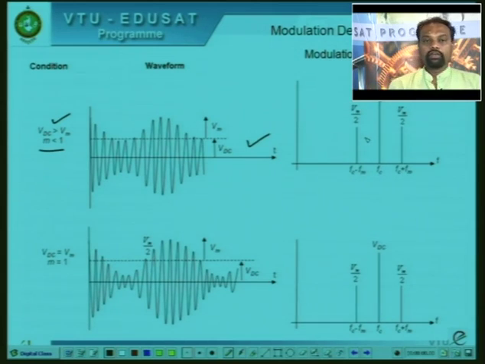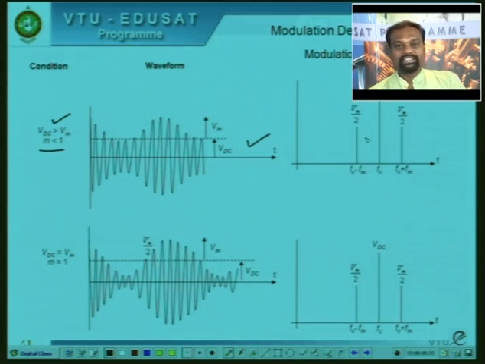Now if Vm is equal to VDC and the modulation depth M is equal to 1, you have these waveforms. For the condition when M is equal to 1, the carrier amplitude is equal to the maximum Vm amplitude, that is the modulating signal amplitude.